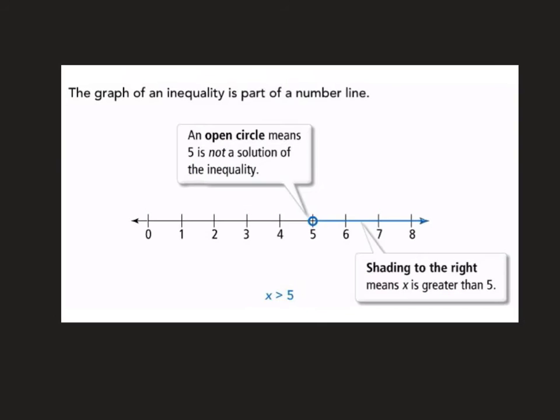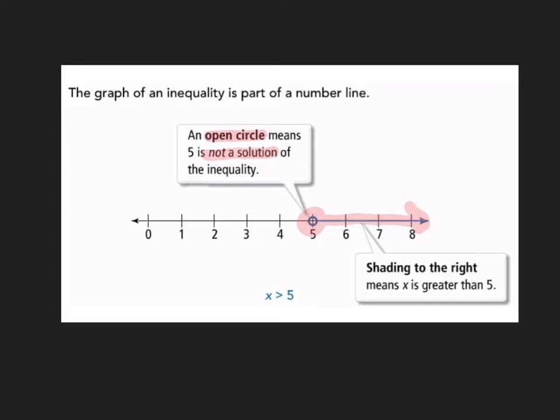Okay? All right. When you look at this, and this is important to know, the graph of an inequality is part of a number line, right? Open circle, like this, where the middle of the circle is open, it's not filled in with color. Open circle means that that number, in this case 5, is not a solution. That's all you need to know. So in this case, it's shaded going to the right.